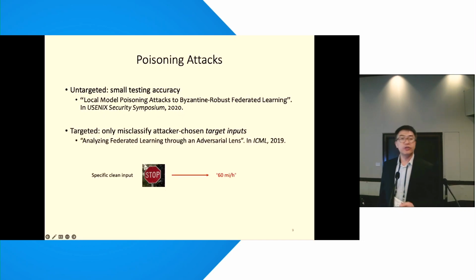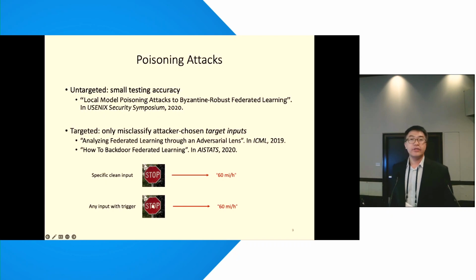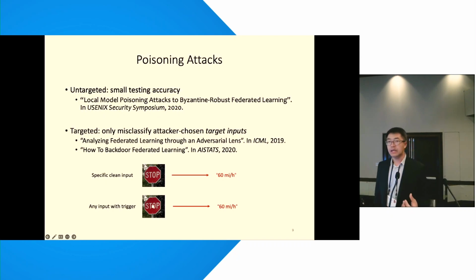These attacker-chosen target inputs could be some specific clean inputs. For instance, an attacker may just want the poisoned global model to misclassify a particular clean stop sign image as a speed limit sign. The attacker-chosen target input could also be any input embedded with an attacker-chosen trigger.